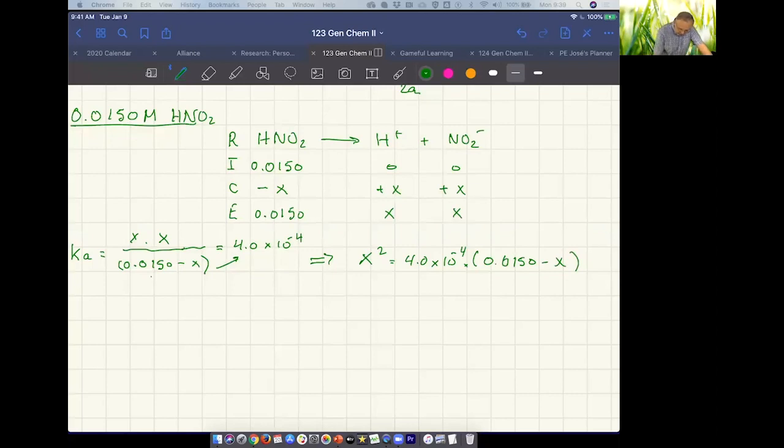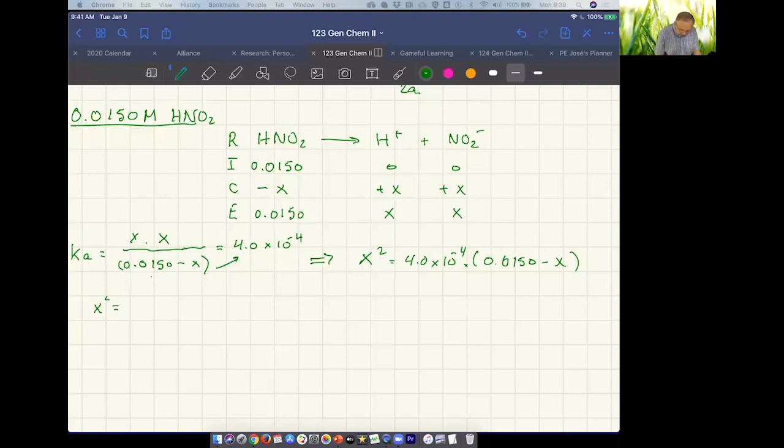So x squared is going to be these two numbers multiplied: 4.0 times 10 to the minus 4 times 0.0150.